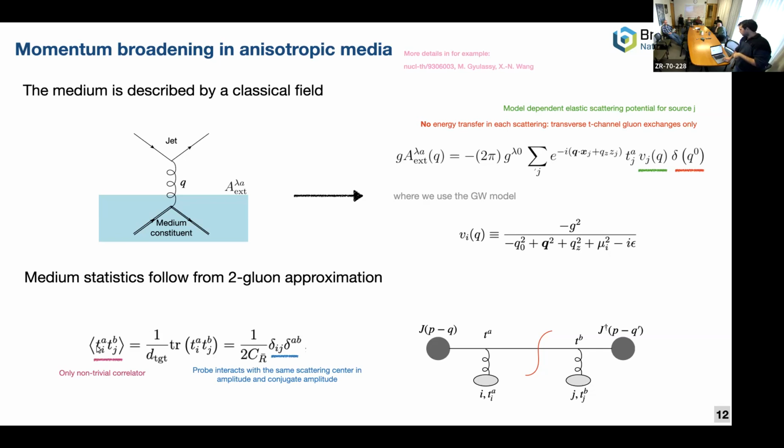What we use in jet quenching is the Gaussian approximation, so the only relevant correlator in the field is this 2-point correlator. In practice, if you have a diagram like this, where the jet interacts with the medium on the amplitude and the conjugate amplitude, when you average this over all possible configurations of the medium, it just identifies this particle with this particle, as if the interaction is the same on both sides of the cut.